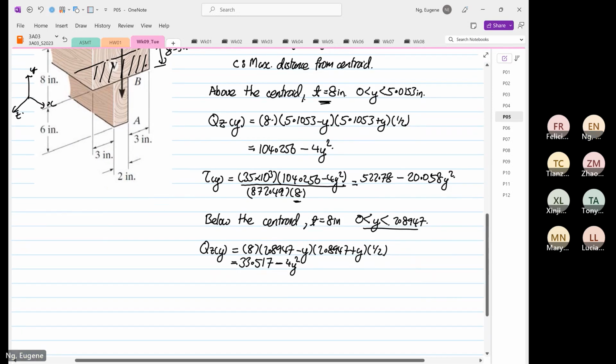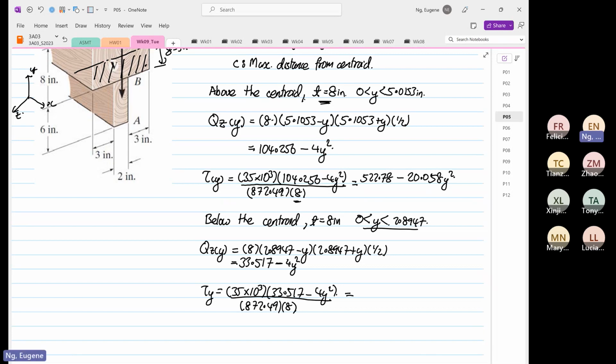So now your shear stress at y is equal to 35 times 10 to the power 3 times (33.517 minus 4y squared), divided by 872.49 divided by 8.